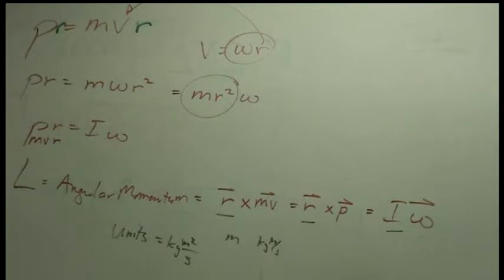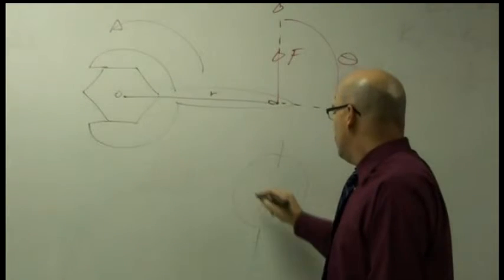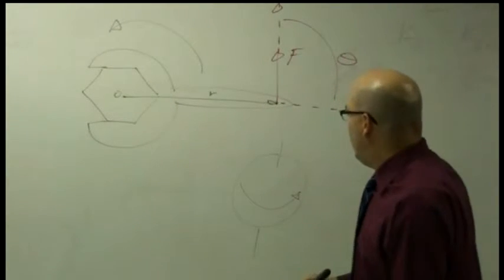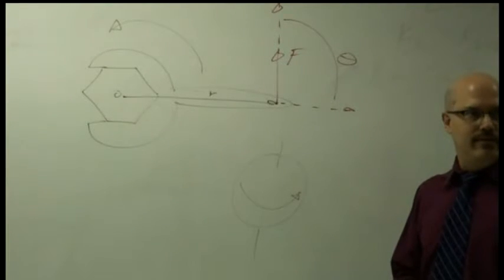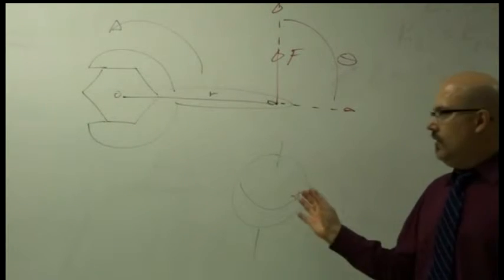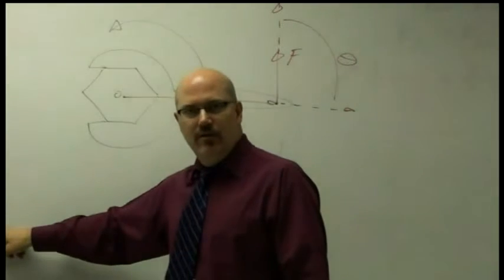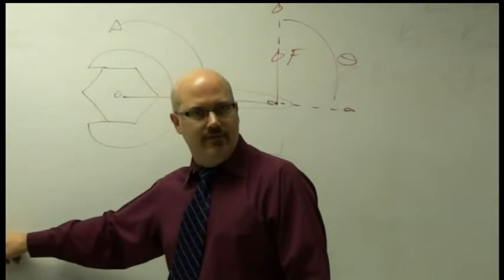Now, which way is the angular momentum? For instance, if we're talking about the Earth, here's the Earth, rotating around that way. Which way does the angular momentum of the Earth point? We'll call it up. It's going to be whatever the angular velocity vector points, times the scalar moment of inertia.